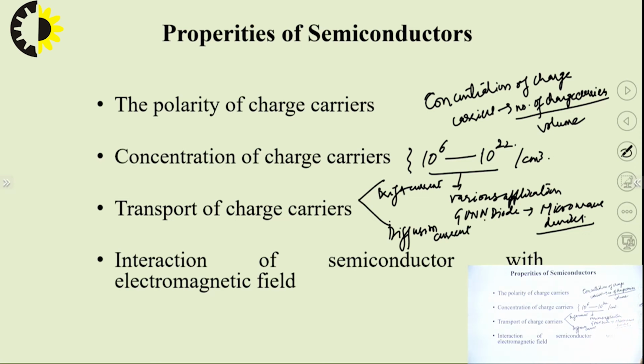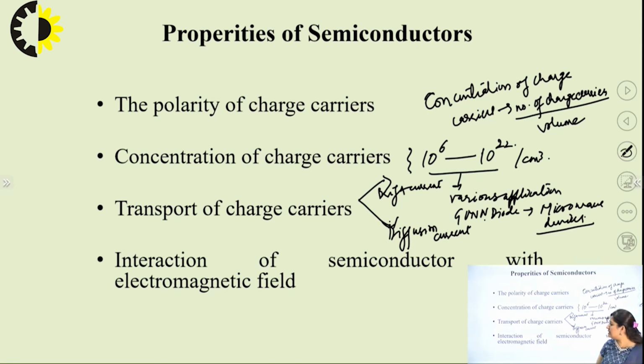Inside the PN junction diode or semiconductor devices, there is a transition of charge carriers from N side to P side or P side to N side. So there are two types of current flow, known as drift current and diffusion current. This drift and diffusion is present only in semiconductors. In metals, we have only drift current, not diffusion current.